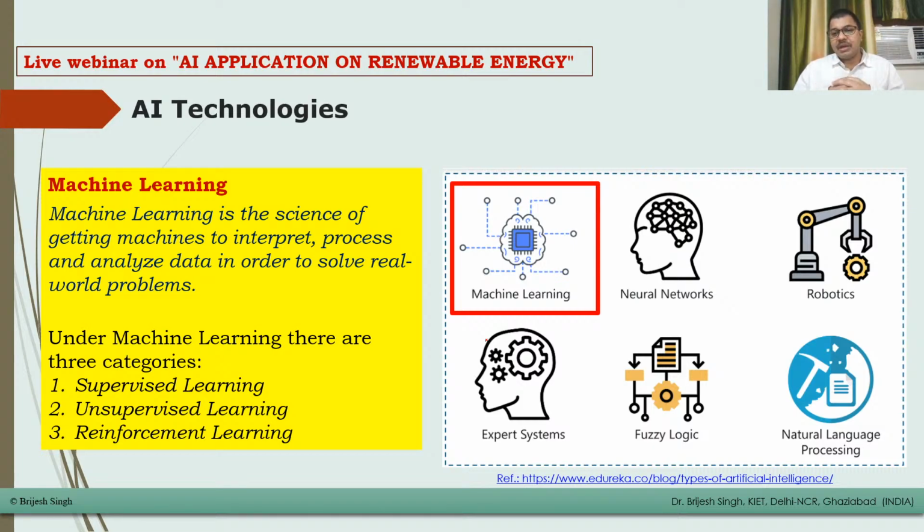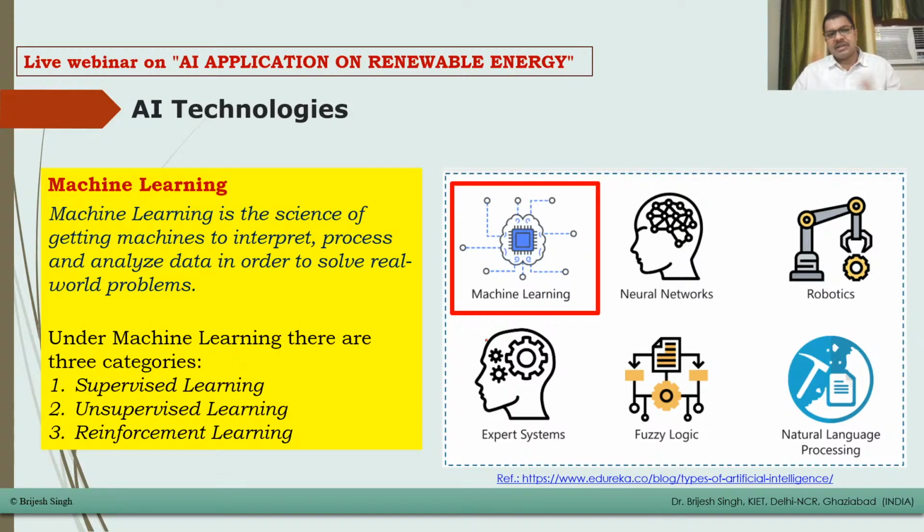And reinforcement learning is when a system is being trained to solve any problem, a new system which already has a result or solution reinforces the main system during the training process. So this is the basic fundamental related to machine learning.